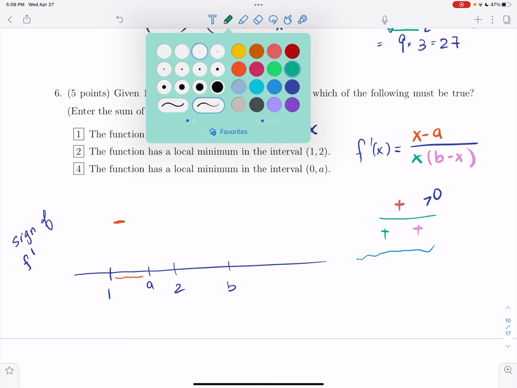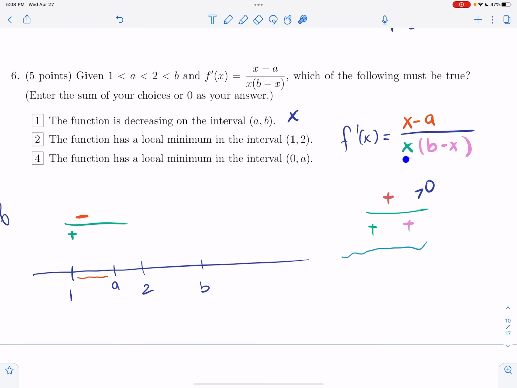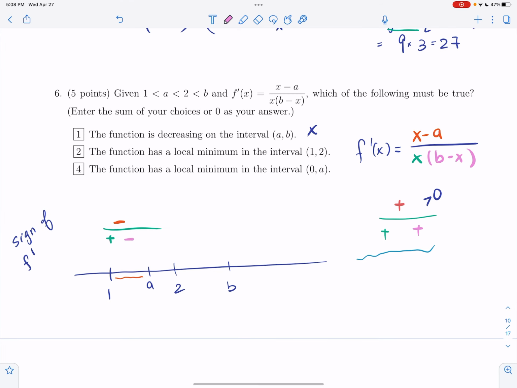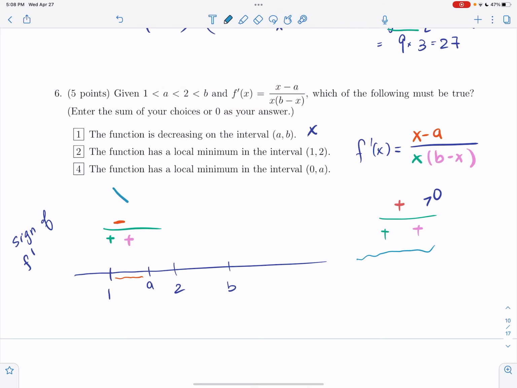Let's look at the denominator. X by itself is positive, and then the pink term, b minus x, of course, is positive. So from 1 to a, the derivative is negative, so the function is decreasing from 1 to a.